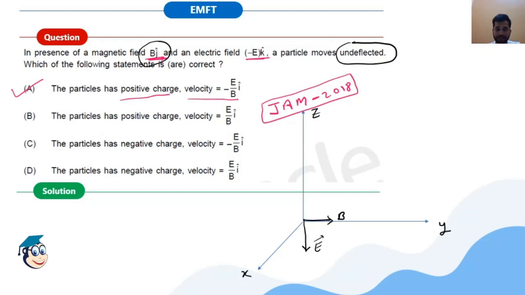So the velocity is minus i cap. So let's say the velocity is in minus i cap, and the particle has a positive charge.